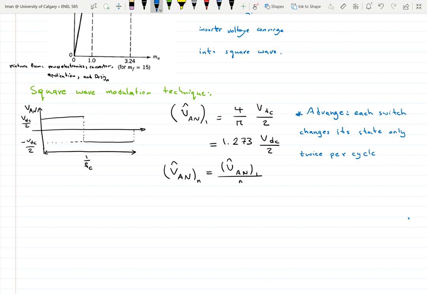So what's the main disadvantage? The main disadvantage, if you look here, is that we don't have MA anymore, and that means that we can't adjust our output voltage by the switching pattern. The only way to control the magnitude of the output here is really to just change the input voltage. That's the main big disadvantage there.